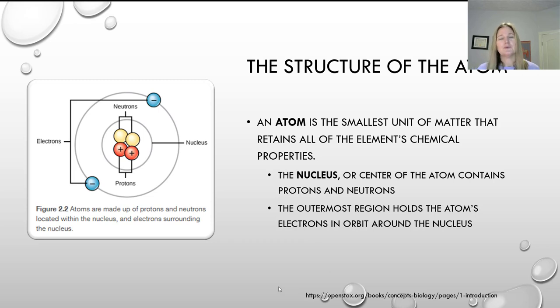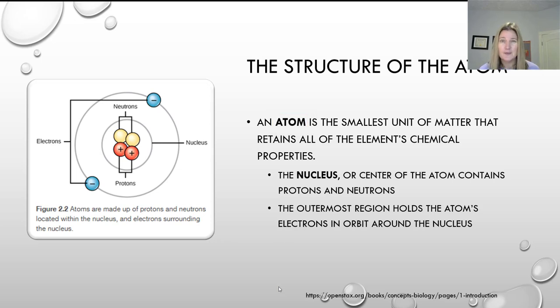Now, when we were talking about the biological hierarchy of life, we talked about atoms being the smallest component there. Atoms are the smallest unit of matter that contains all of the elements' chemical properties.